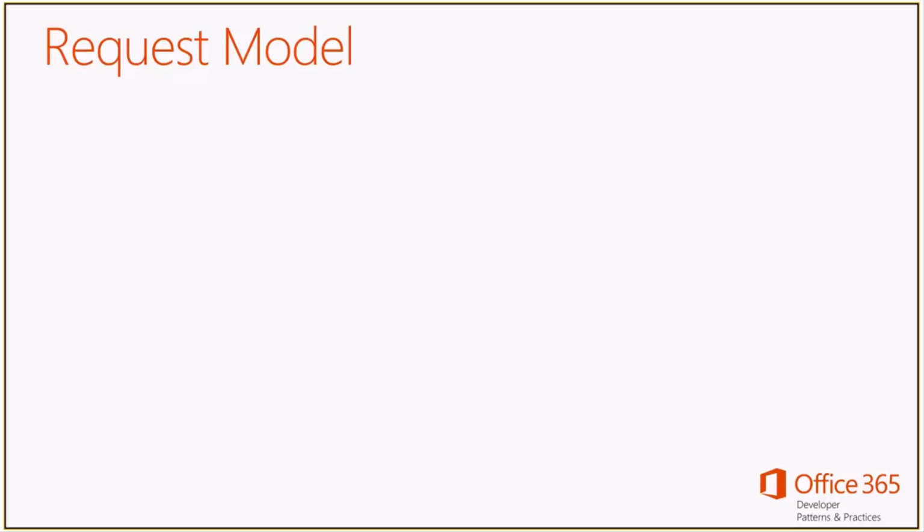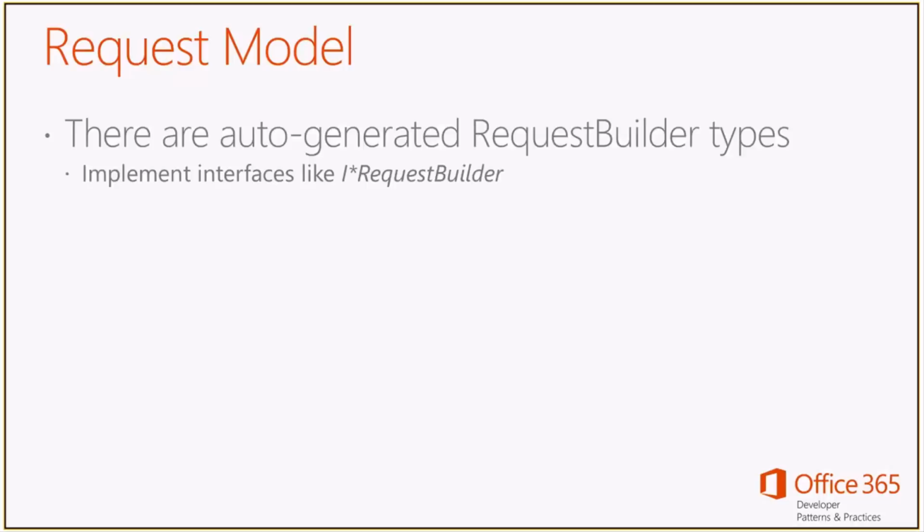And just to dig a little bit more inside how the SDK works, we have a request model, which uses a set of auto-generated request builder types, the I** request builder, where every request builder will build, literally, a request object, which will, under the cover, implement the real HTTP request for us.